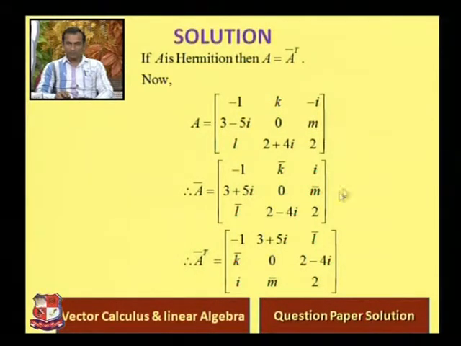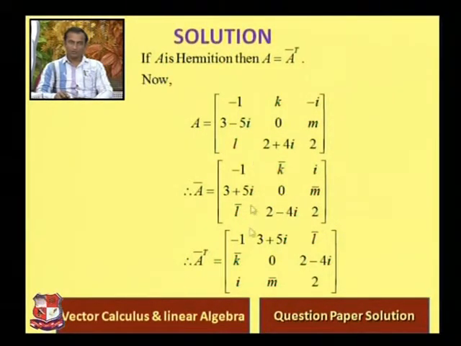Now M is unknown, so M bar. L is unknown, so we write L bar. 2 minus 4i: because here it is 2 plus 4i, its bar changes the imaginary part sign, so it is 2 minus 4i, and 2 is real, so as it is.